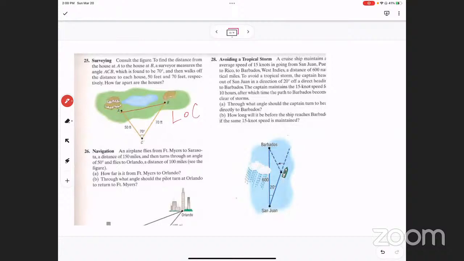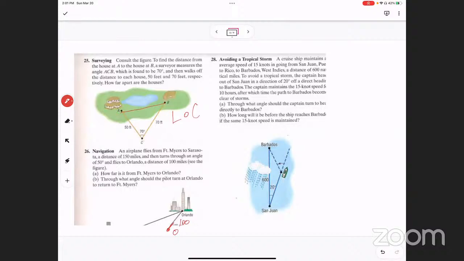So we'll just talk about these. How about number 26? I don't see the actual picture. Yeah, no, that one got cut out. So it looks like Orlando's down here. This is 100.